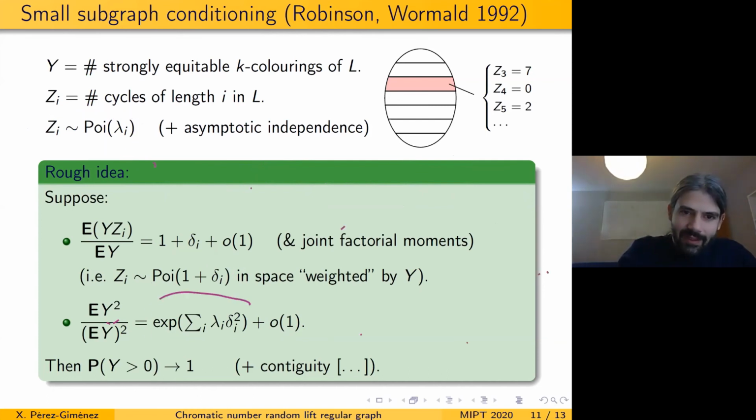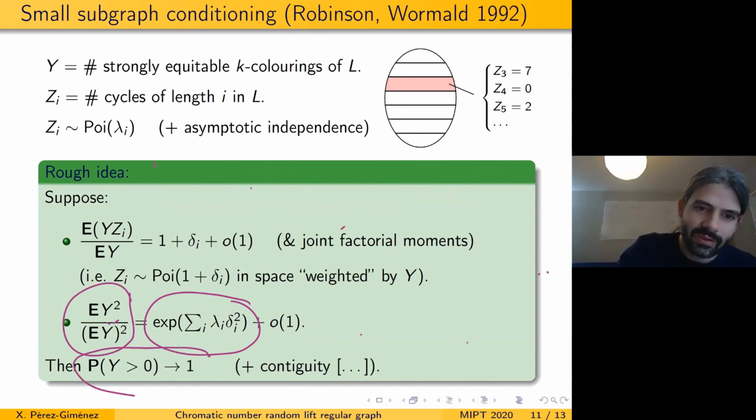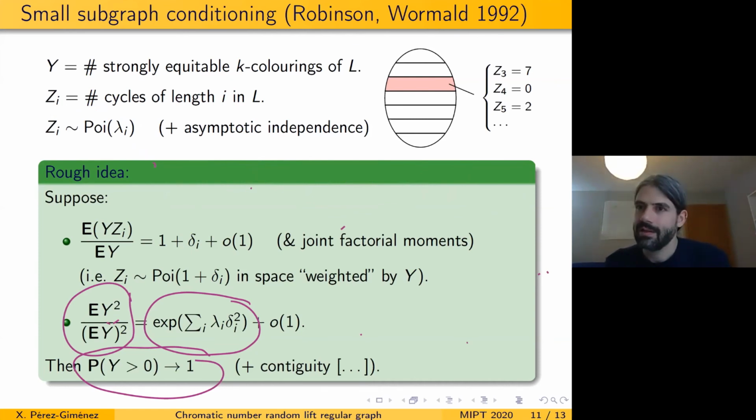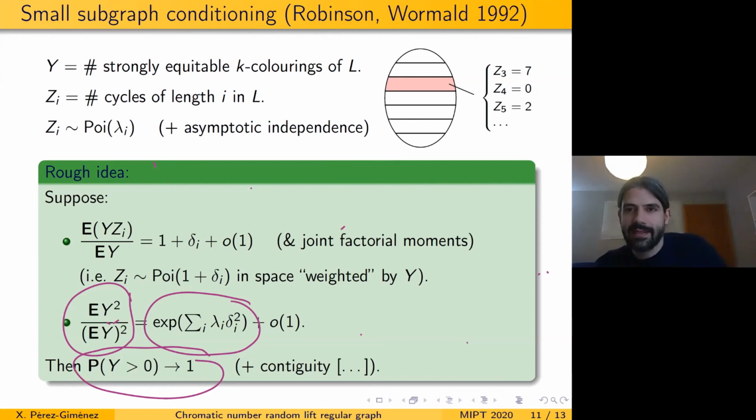You compute then what this series is, and if this constant that you get is magically the same as the ratio between these two moments, then you conclude what you want. So you forget about all this intuition, and basically you just have to compute the asymptotic law of the number of cycles of a given length in some weighted probability space, compute some numbers, and then this is magic.